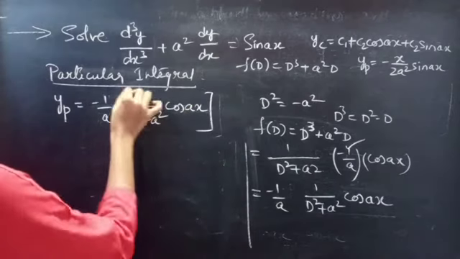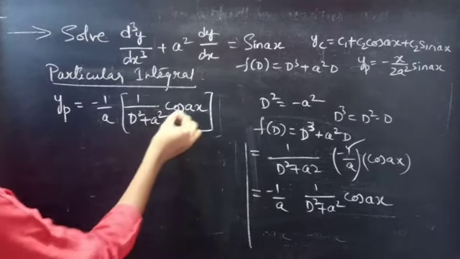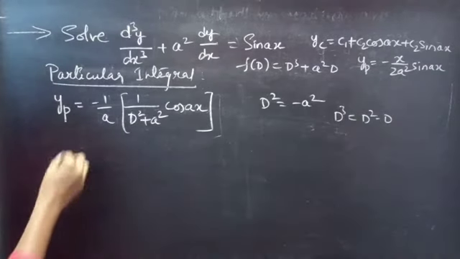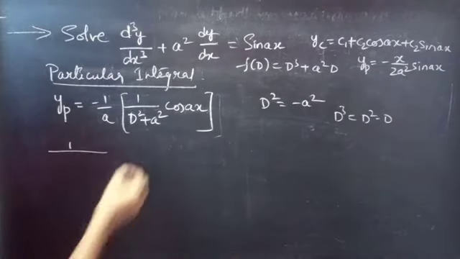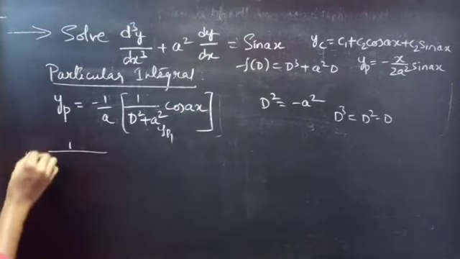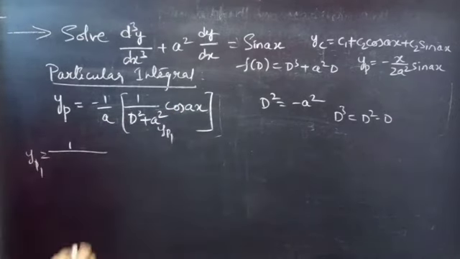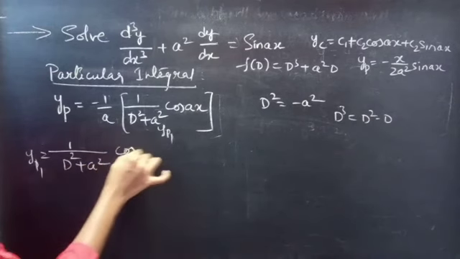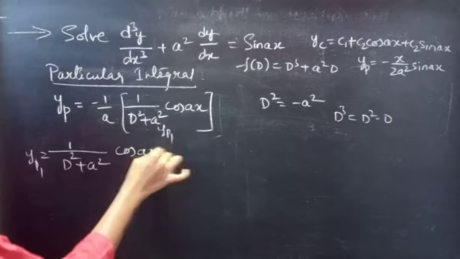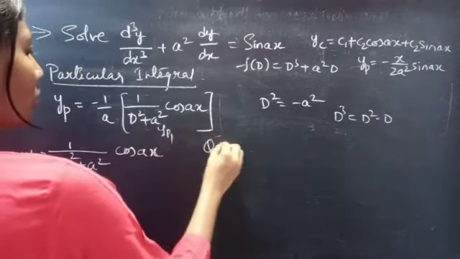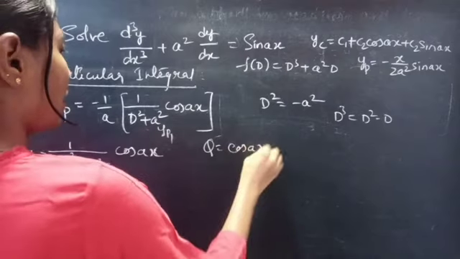So let's find 1 by D square plus a square into cos ax first. You can name this as yp1 for your convenience. Here q is in cos ax form.